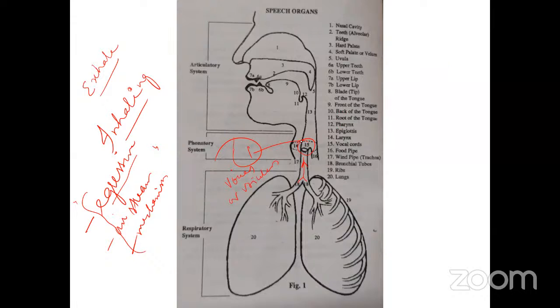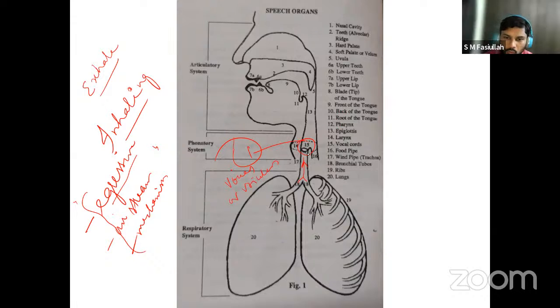That is the sound box, our vocal cords. Either the voice vibrates the vocal cords or it doesn't. Based on that, we have some sounds which are voiced, some which are voiceless.